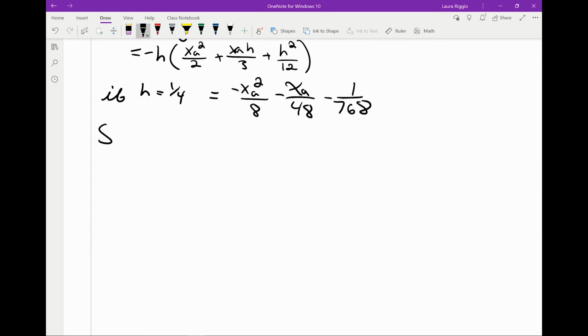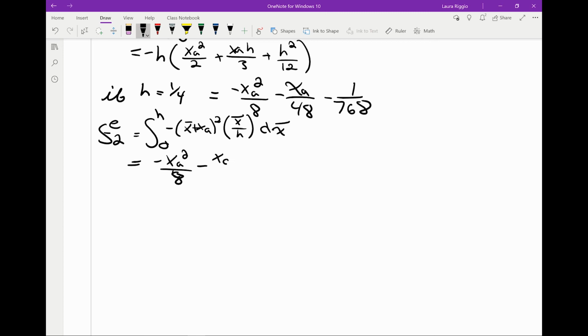So now we need Fe2, which is equal to the integral from 0 to h of minus (x bar plus xa) squared times x bar over h, which is equal to minus xa squared over 8 minus xa over 24 minus 1 over 256.